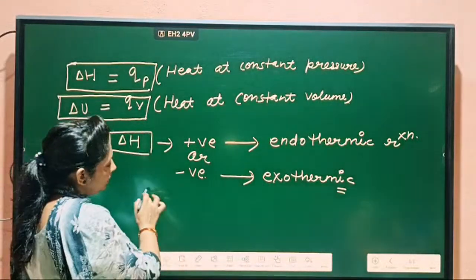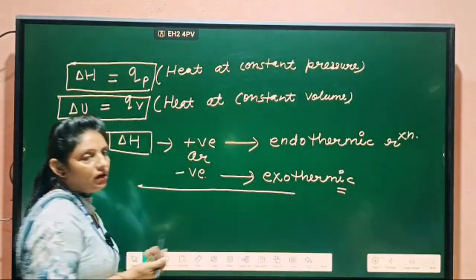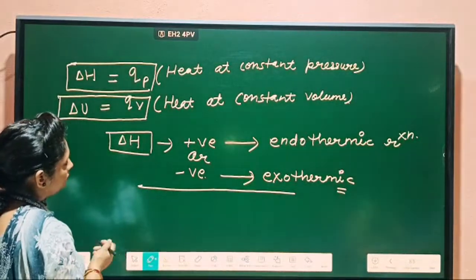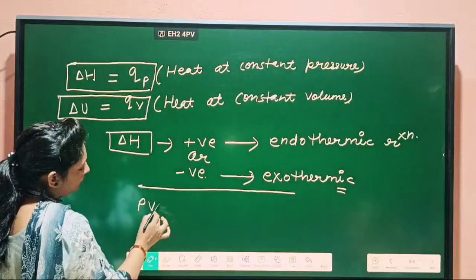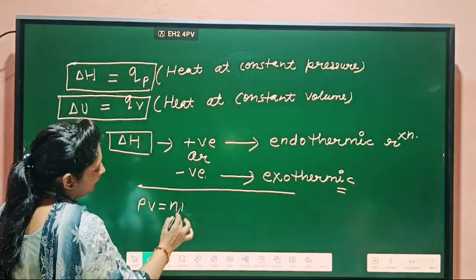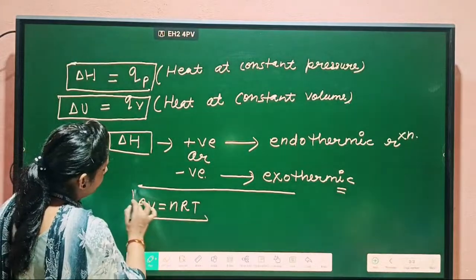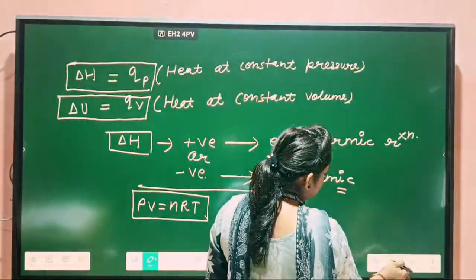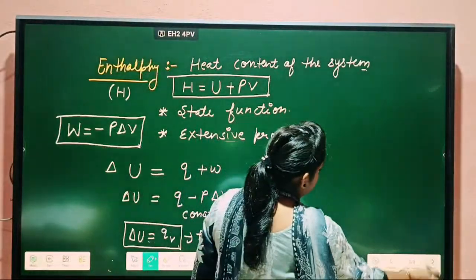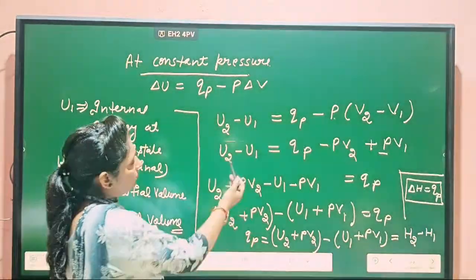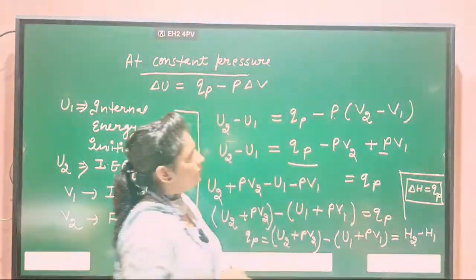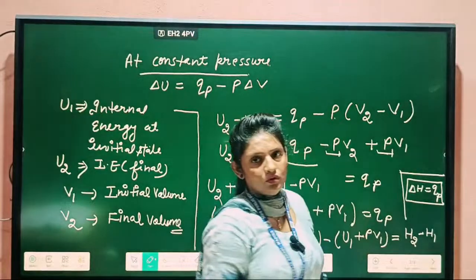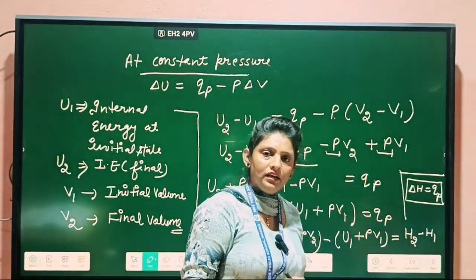Yes. Students, if we talk about the ideal gas, then you can also write PV is equal to nRT. Then you can apply this. Here in QP, you can apply the value PV is equal to nRT.